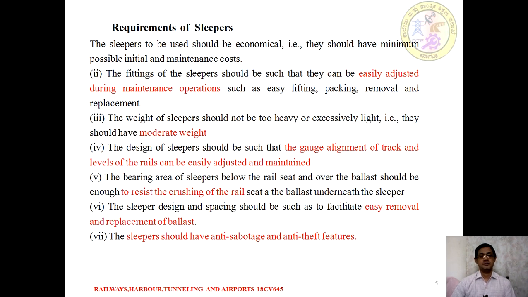So, proper crushing strength should be provided with respect to the rail seat, over the ballast and underneath the sleeper. The sleeper design and spacing should facilitate easy removal and replacement of the ballast. The ballast is laid as a cushion, and during maintenance it can be easily removed and replaced.